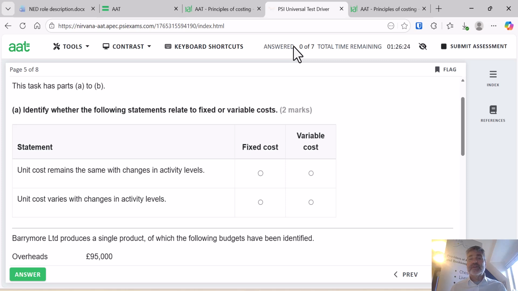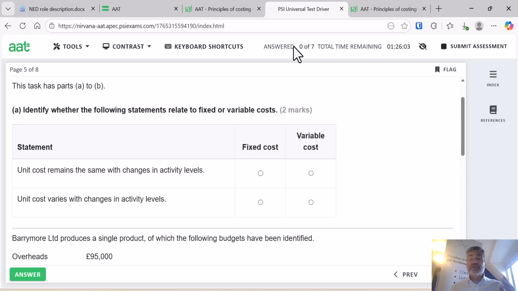A very simple example: let's say we're making a table, and for one table there is £50 worth of timber being used, £50 of wood. If we make one table, that is a total material cost of £50.